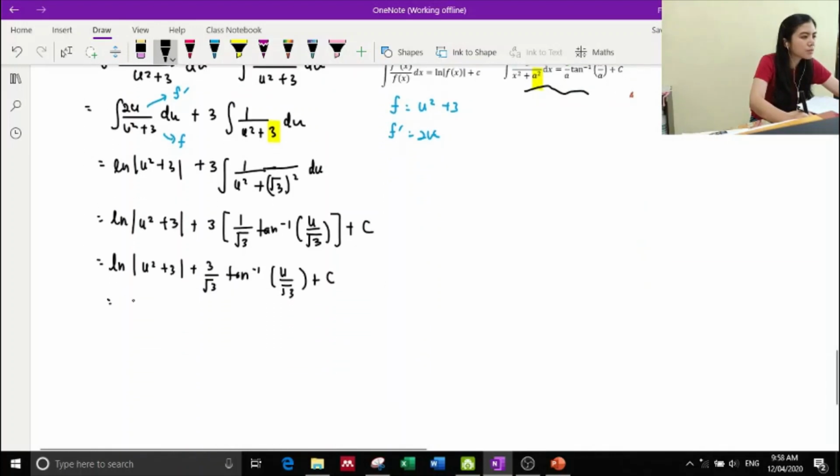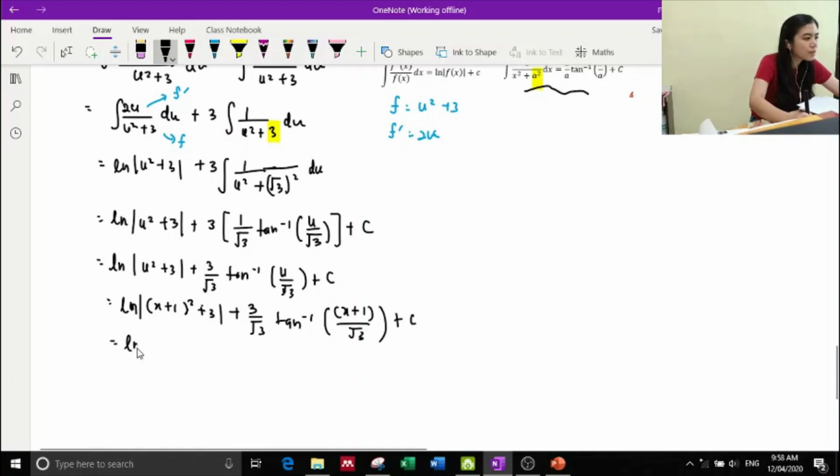So we substitute back, so we will have ln of x plus 1 squared plus 3, since u is x plus 1, and tangent inverse of x plus 1 over square root of 3 plus c.